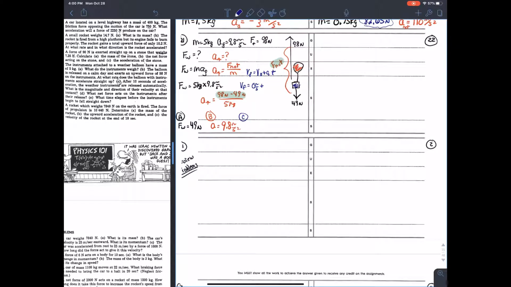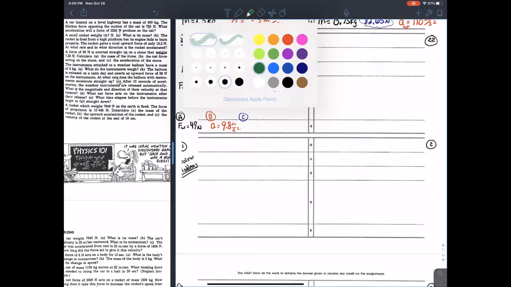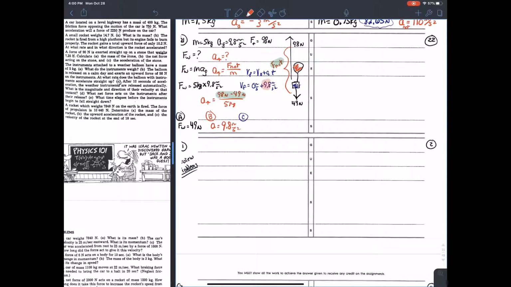We know the acceleration upwards from before, that's that 9.8 meters per second squared. Now that number, just so you don't get that confused with gravity, it's the same number, but we're not looking at gravity. We're looking at what that upwards acceleration is. And we'll go times our time of 10 seconds.